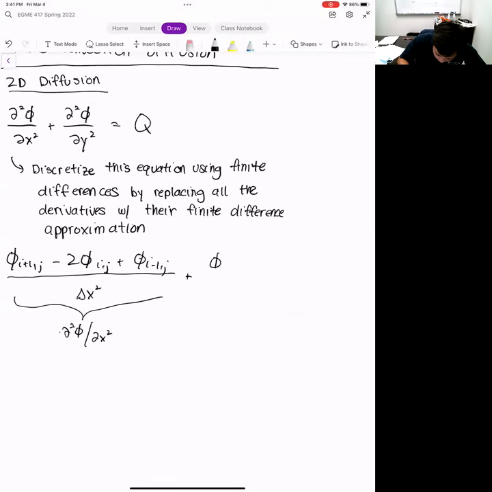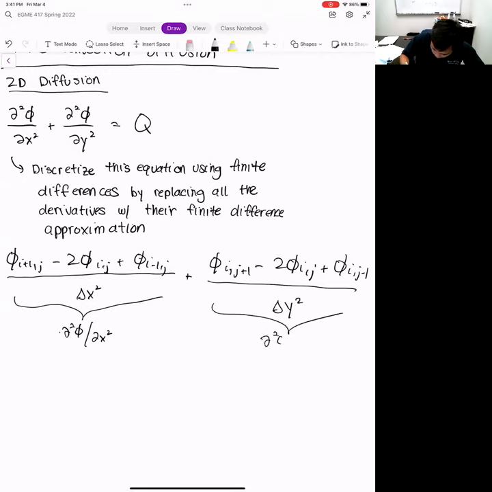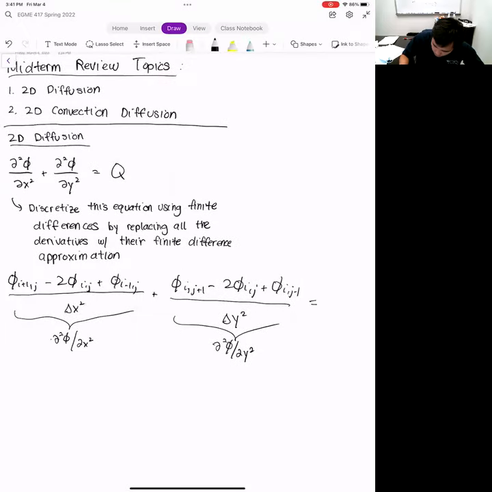So we have phi i comma j plus 1 minus 2 phi i comma j plus phi i comma j minus 1, all over delta y squared. Okay, and so this is partial squared phi partial y squared, and of course all this is equal to q.